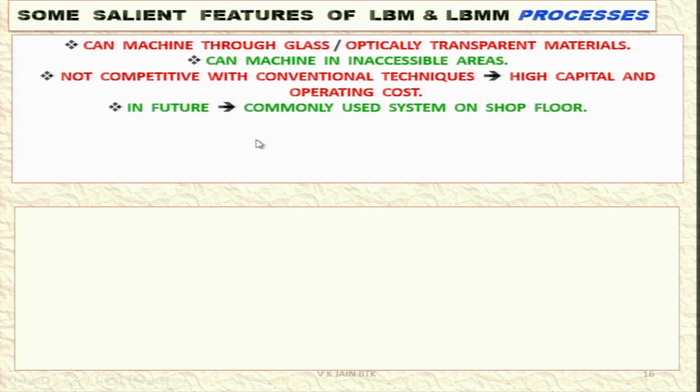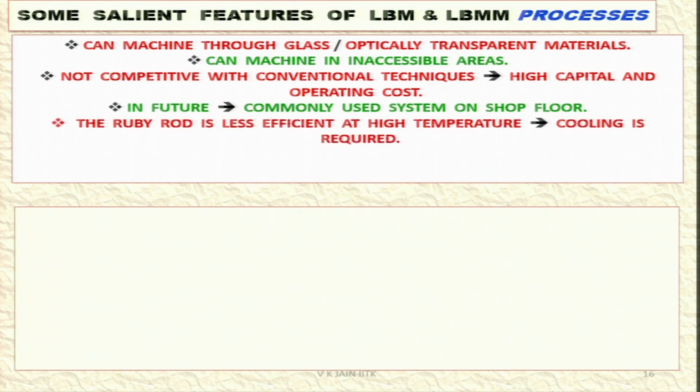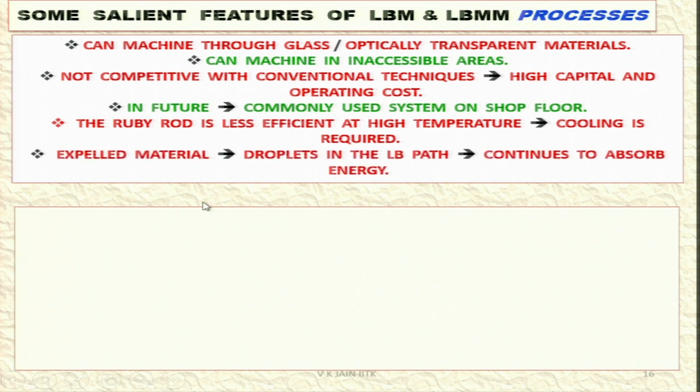In future, it may become commonly used on the shop floor, because researchers are continuously working hard to enhance its performance and efficiency. The ruby rod is less efficient at high temperature, so cooling is required.